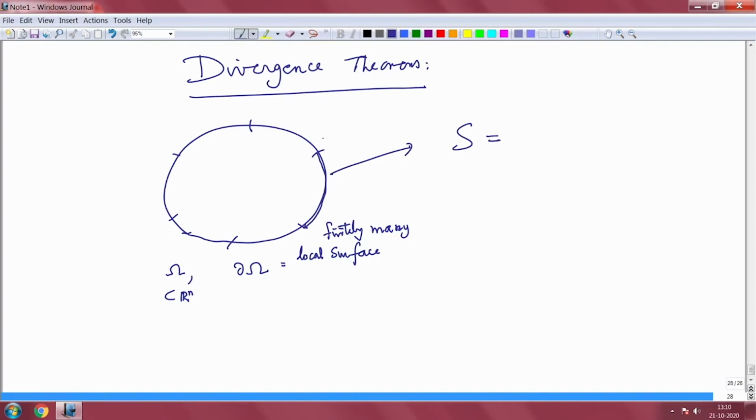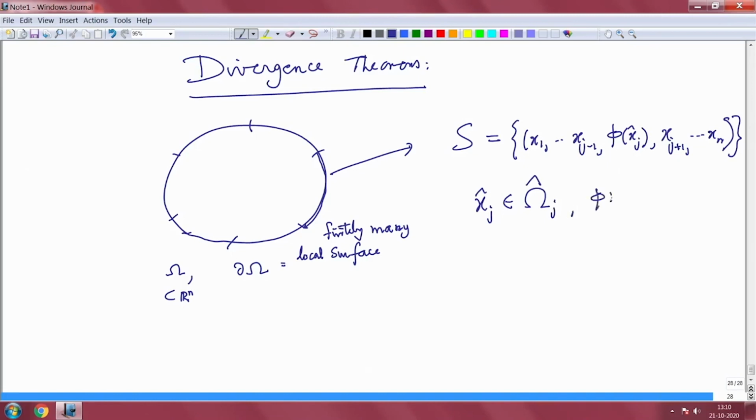So, globally you cannot write it, even for a circle, but locally you can write that S. S is of the form, for some x_1 etc., x_{j-1}, then you will have a map from a lower dimensional space x_ĵ into x_{j+1} etc., x_n. Where x_ĵ is in some n−1 dimensional space Ω_ĵ, and φ is a mapping from Ω_ĵ to R. That is why locally I am able to write this, that is the whole thing.